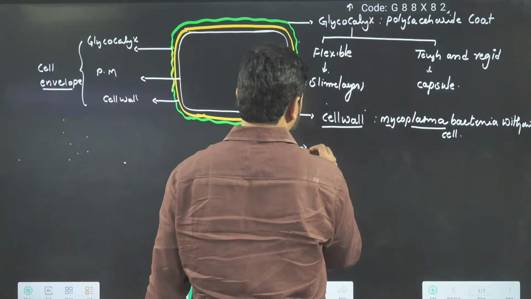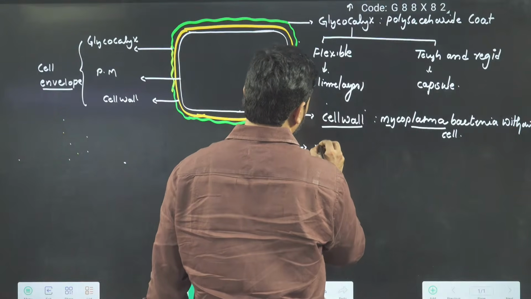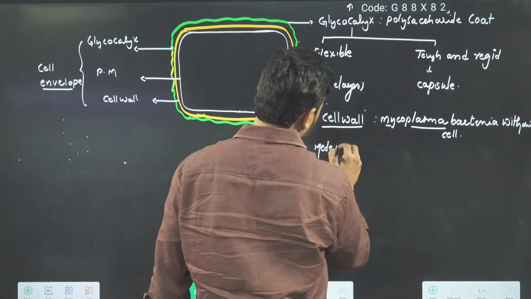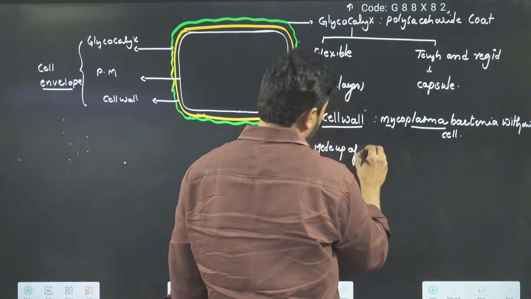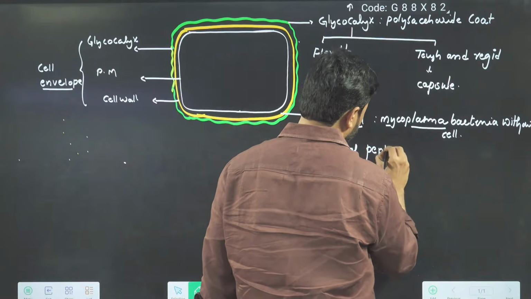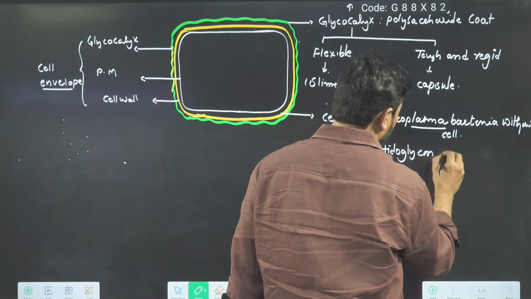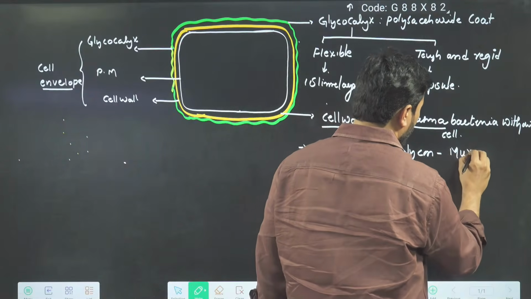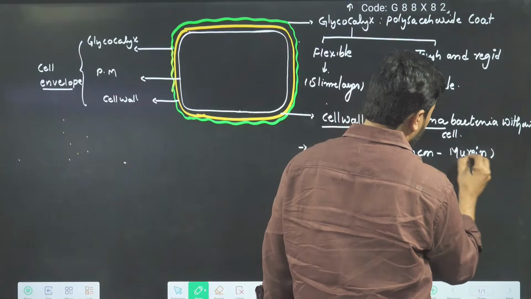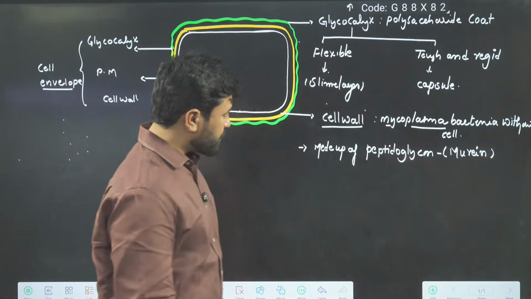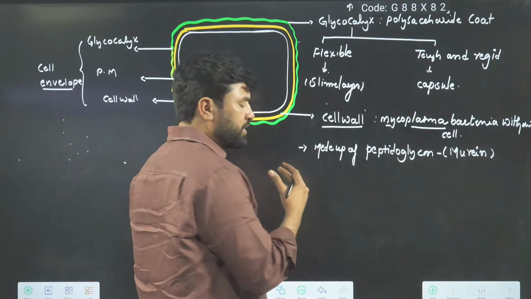Cell wall, if present, is made up of peptidoglycan, commonly known as murein. Next, it is a rigid layer.